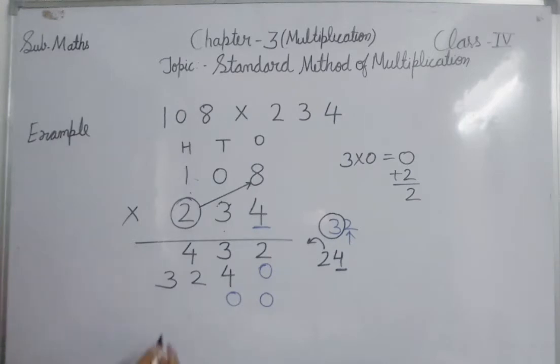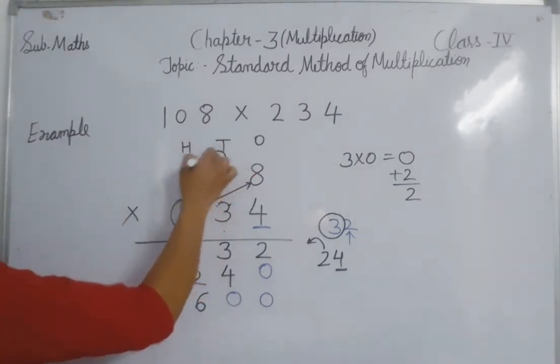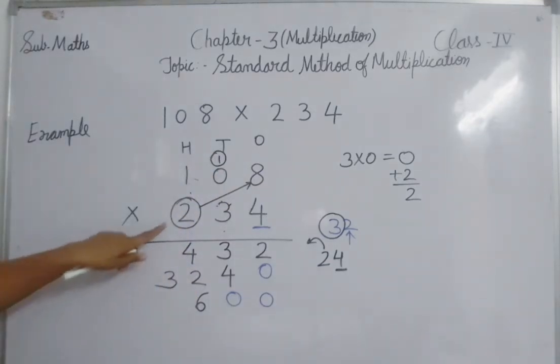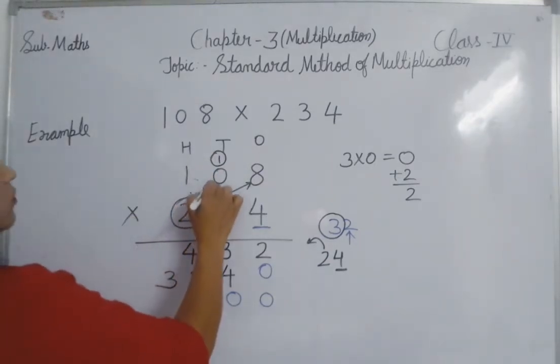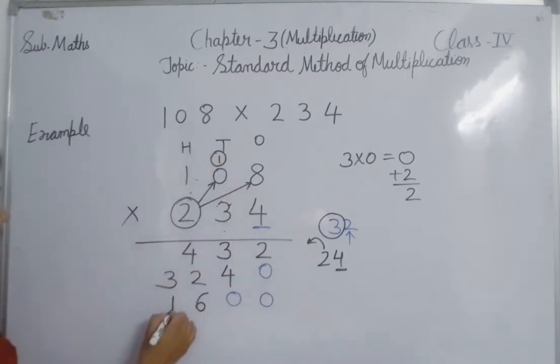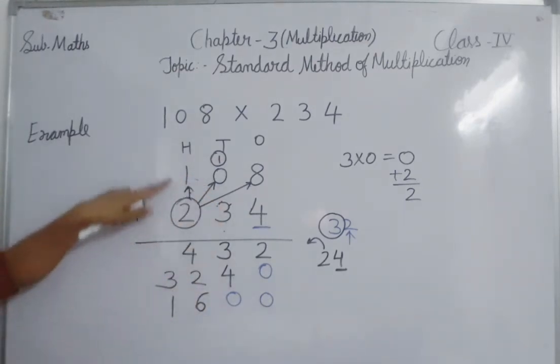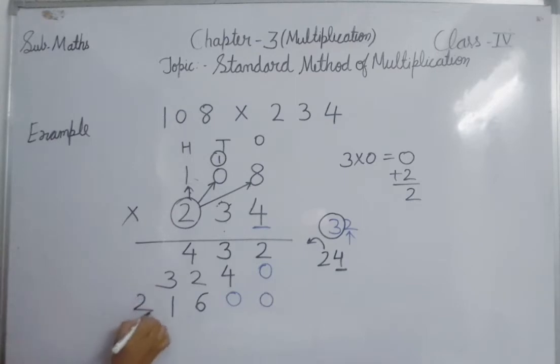Again we cannot write 16. 6 we will write and 1 will go carry forward here. Yes. Now again 2 multiply by 0. So when you multiply 2 with 0, you will get 0, and 0 plus 1, 1. Now you will multiply 2 with 1. So 2 ones are 2.